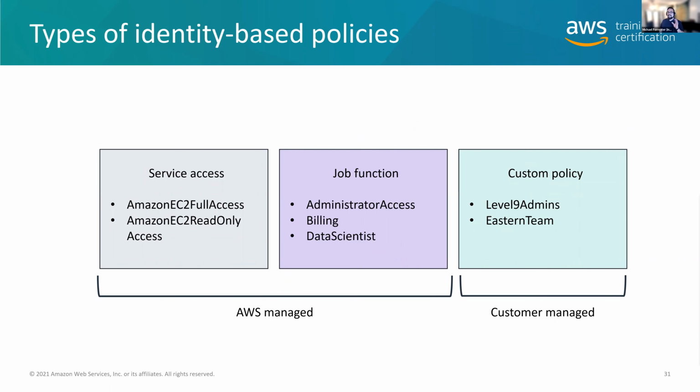Now, there are two general types of identity-based policies. So moving past permission boundaries, moving past SCPs for a second, moving past resource-based policies, there's two types of identity-based policies. There's ones that you make up, and there's ones that AWS maintains for you that are for public consumption, that are either service access, like you get access to an EC2 role, or you're a machine learning specialist, a virtual machine specialist, a container specialist.